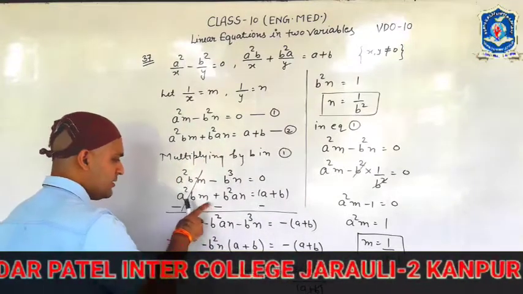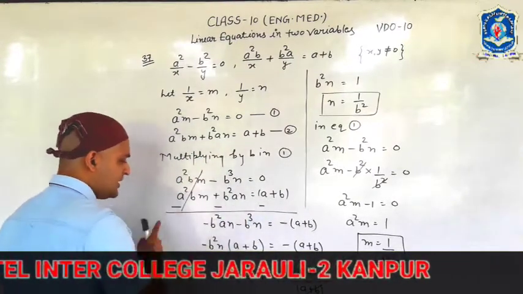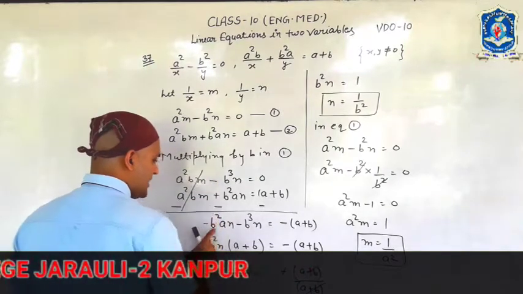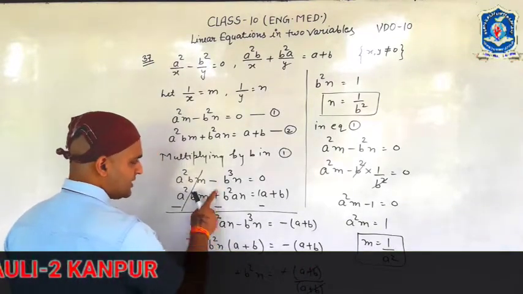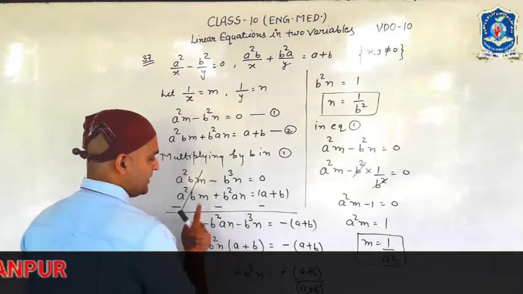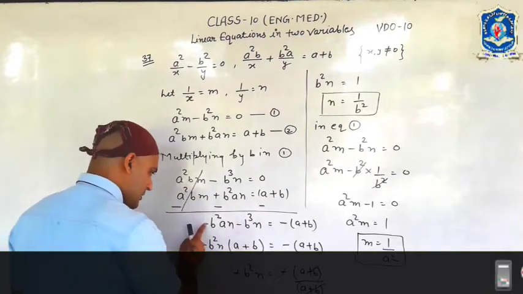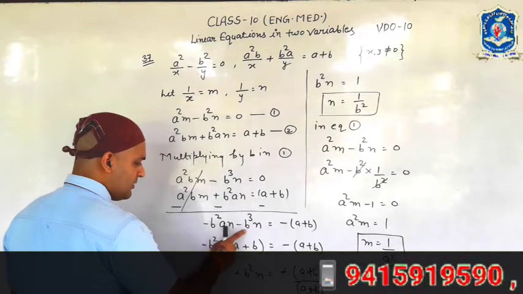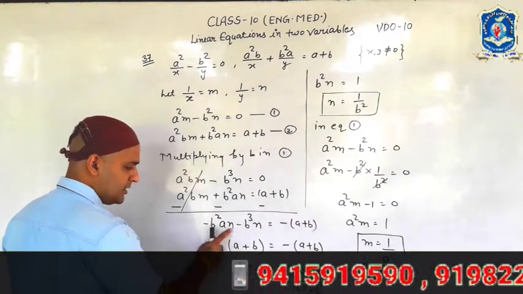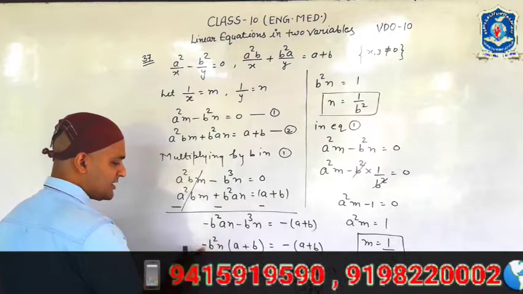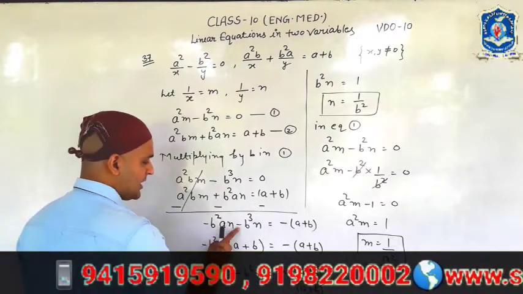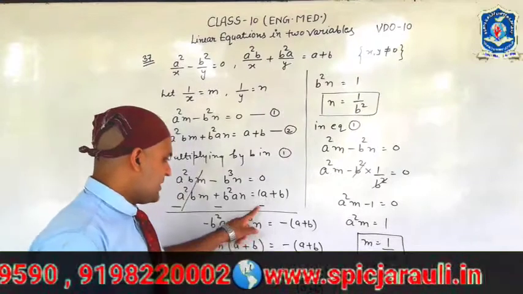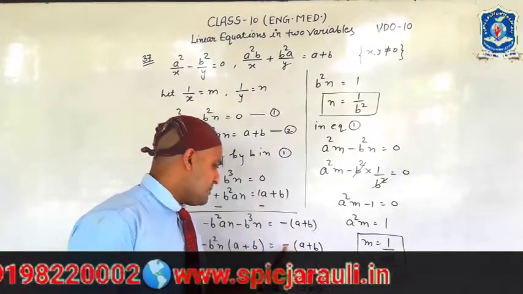Change the sign and eliminate the value of m, you will get minus b square n minus b cube n. These are negative, so the common factor will be minus b square n, times a plus b, because the minus sign is common, the sign will be changed, a plus b.